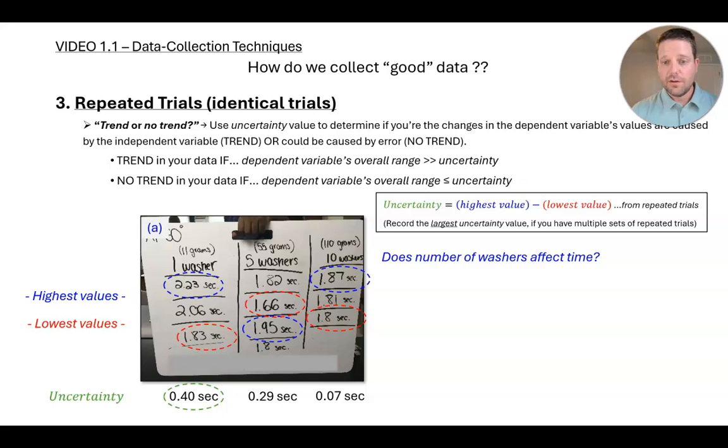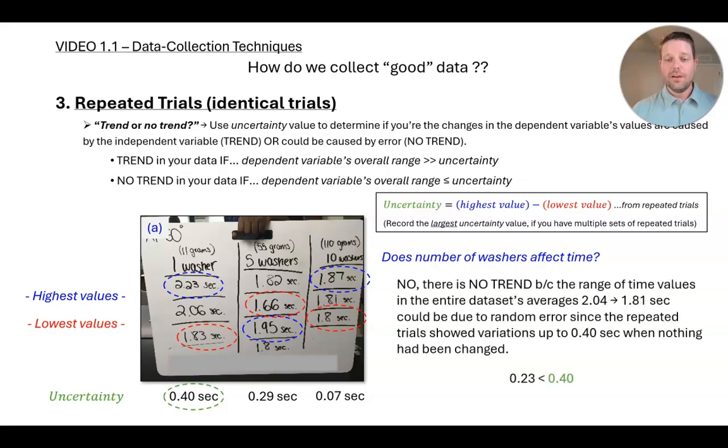So does the number of washers affect the time? No, it does not, right? Because if we look at the averages of these, which they didn't calculate and they should have, the largest average here would be 2.04 and the smallest would be 1.81. That gives me a dependent variable range, the seconds from highest to lowest that we saw for the various different washers, of a difference of 0.23.